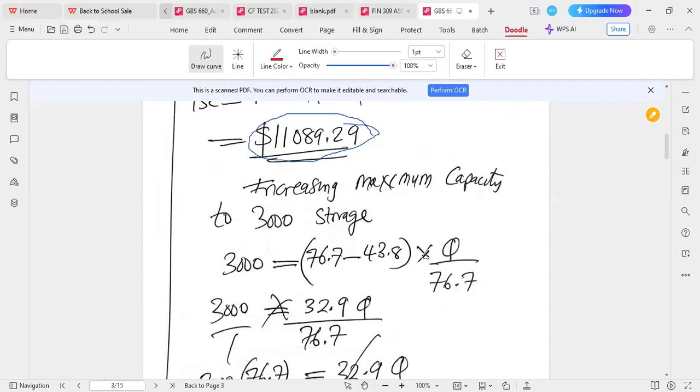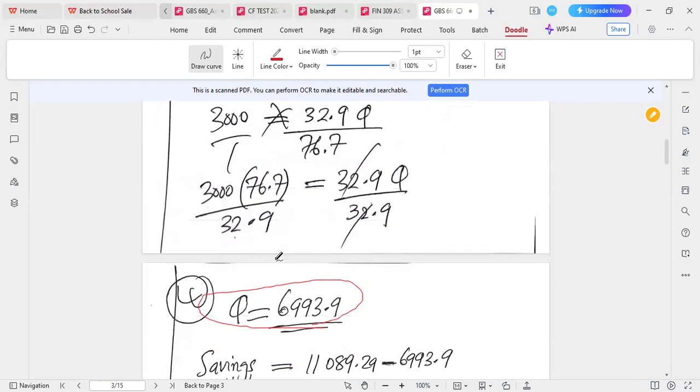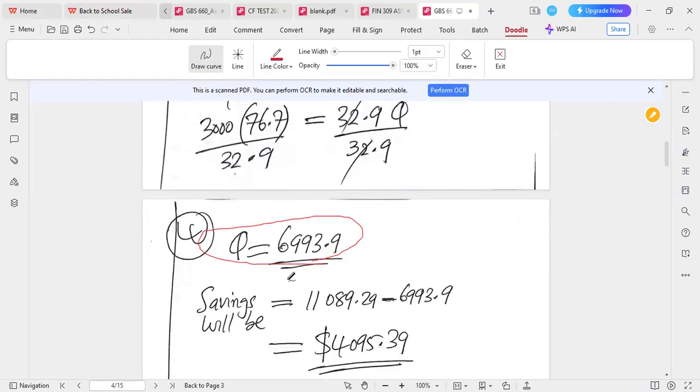That is substituting in this equation. This is P, and this is D, the steady demand. This is the maximum inventory. Then we are getting the value of Q as 6993.9 bottles.